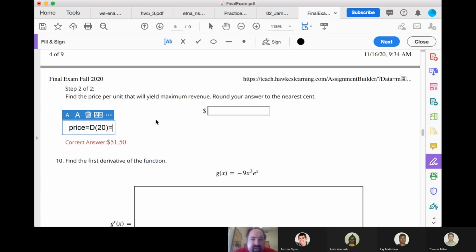That would be 140 e to the minus 0.05 times 20. So that would be 140 times e to the minus 1. And when rounded to the nearest cent, that's $51.50.